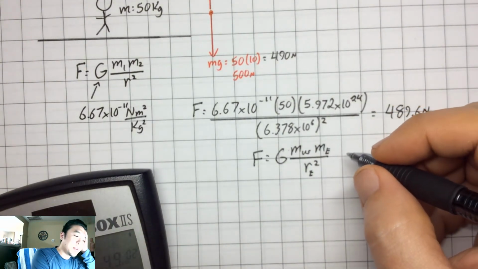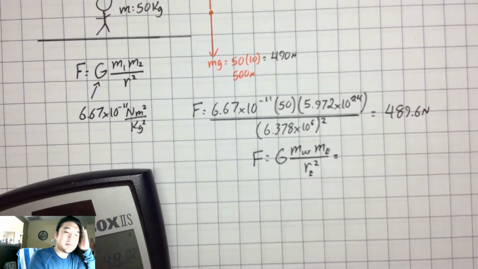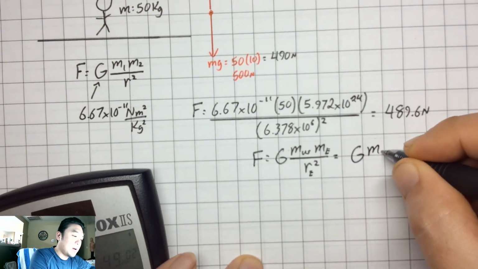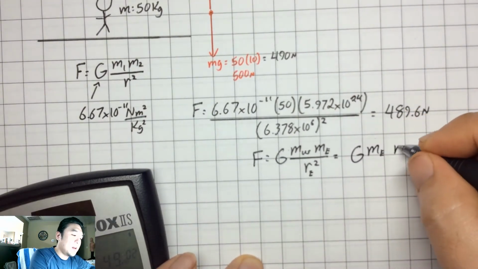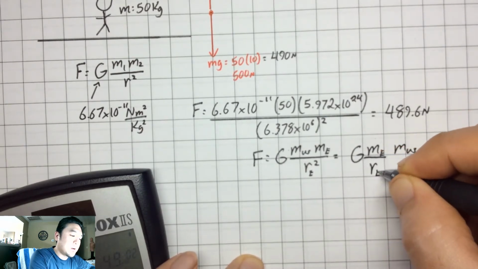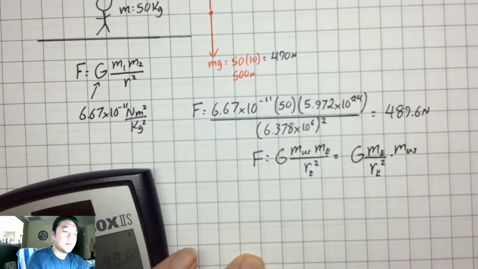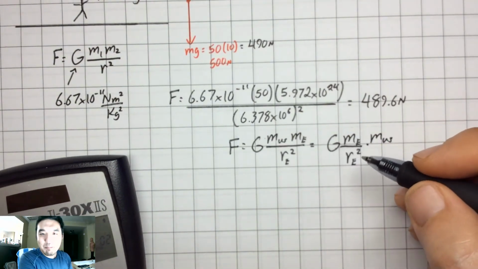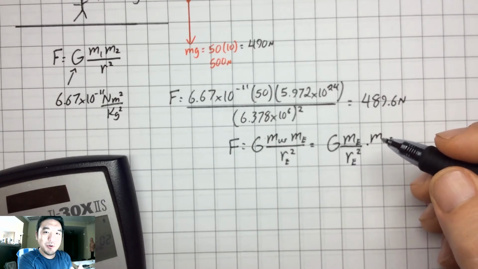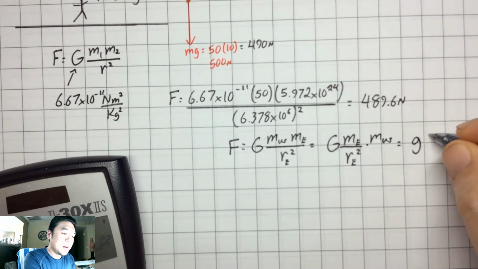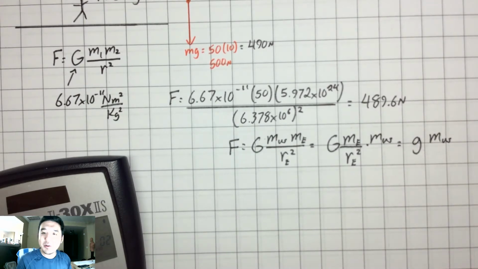If we were to look at this, and I just kind of move some things around, G, M Earth, M us, divided by radius of Earth squared. Didn't do a whole lot of moving, okay? But I want you to notice that all this stuff here, it's going to be a mess of numbers. What we do is we simplify it and we say, hey, we're just going to call that little g, and then we're just going to multiply by the mass of us. And that's where we get the whole mg thing from.